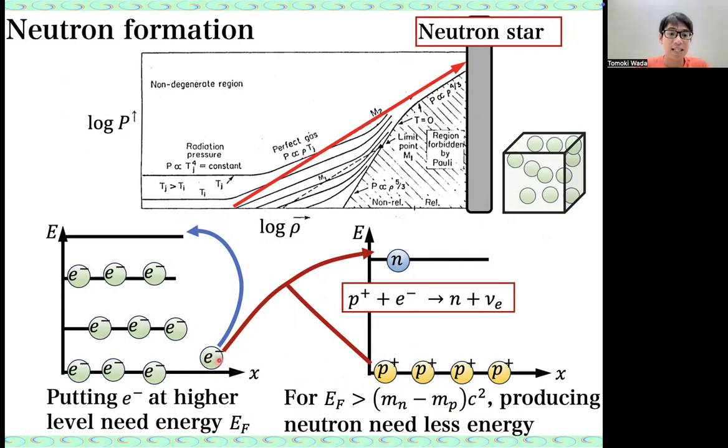We need energy EF to put the electron from here to here, and we need energy of this value to make neutrons. If this energy is smaller than this energy, then making neutrons is easier for these electrons. As a result, neutrons are created and a neutron star is formed in this path.